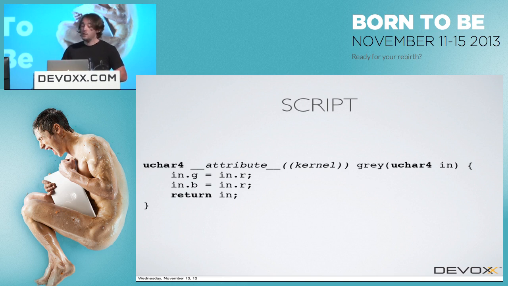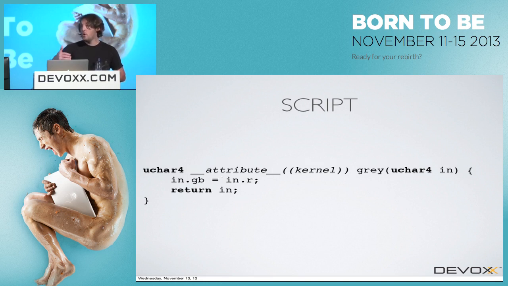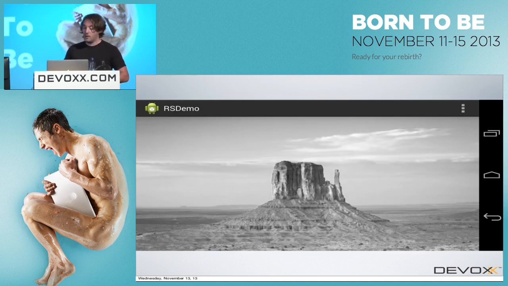That's something really nice with Renderscript: you can access those vectors via RGB or even XYZ. It's pretty flexible. You just say, set all the channels G and B to R, and you end up with a black and white image.